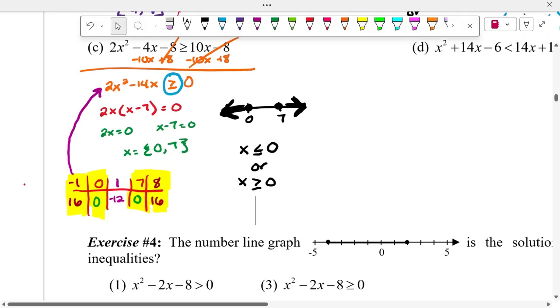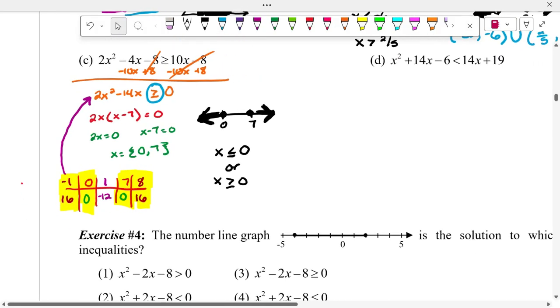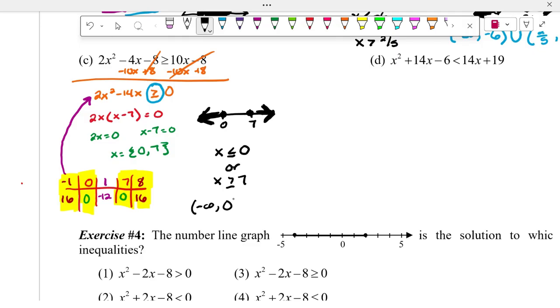So how do I write that in interval notation? That is supposed to be a 7, by the way. Does 0 have a bracket or parenthesis? Bracket. Union symbol, which is just an uppercase U, by the way. Don't forget the union symbol. That is part of how you have to write it if you write an interval.